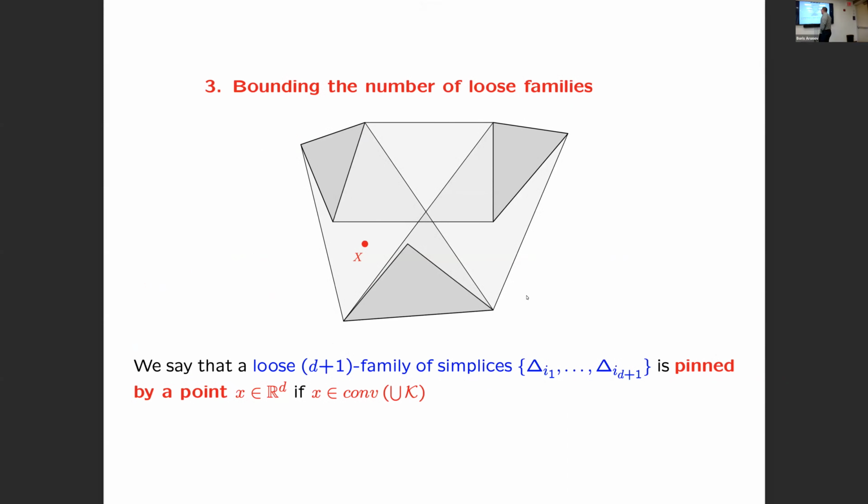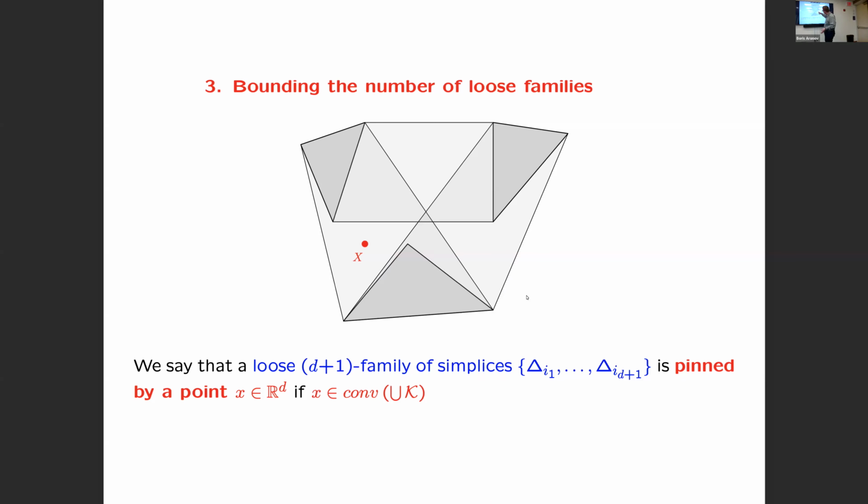So our task comes down to bounding the number of the families of d plus 1 simplices in Matoušek's partition which are not tight. Let's call them loose. So what does it mean for simplices to be loose?